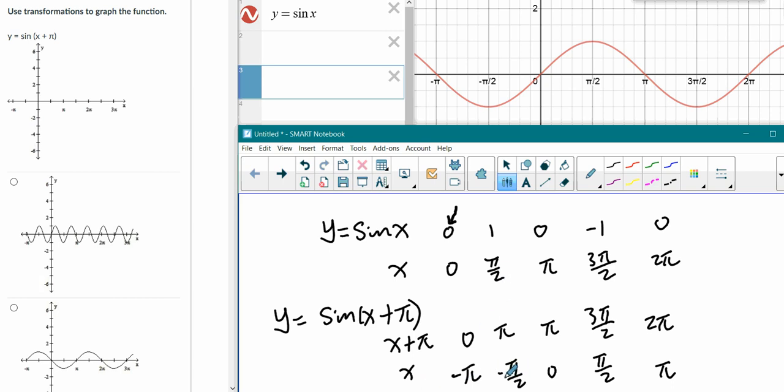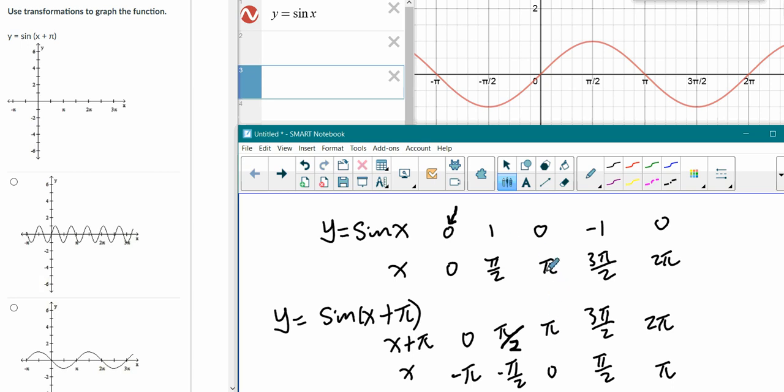You need negative pi over 2, because negative pi over 2 plus pi is going to be pi over 2. And then sine pi over 2 is 1. It reaches 1.